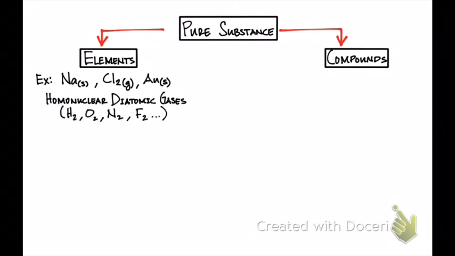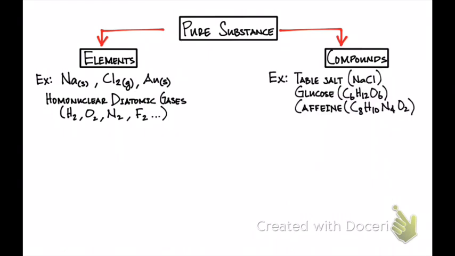And these homonuclear diatomic gases are composed of multiple atoms of the same element. Right, so diatomic meaning two atoms. So you have hydrogen gas, which has the chemical formula H2. You have oxygen gas, O2, nitrogen gas, fluorine gas, chlorine gas, so on and so forth.